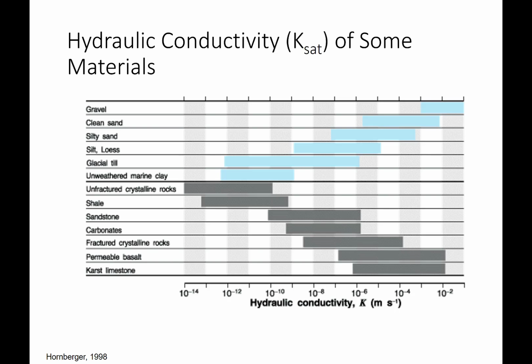You can see here are some various factors in meters per second for different geologic material. So highly variable, but there are a lot of published values that will give you a good indication of your hydraulic conductivity. You can also take samples of your media and send them to a lab to get measurements of the hydraulic conductivity.